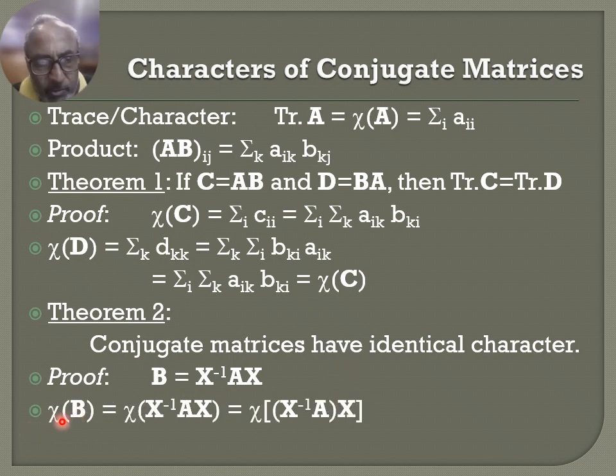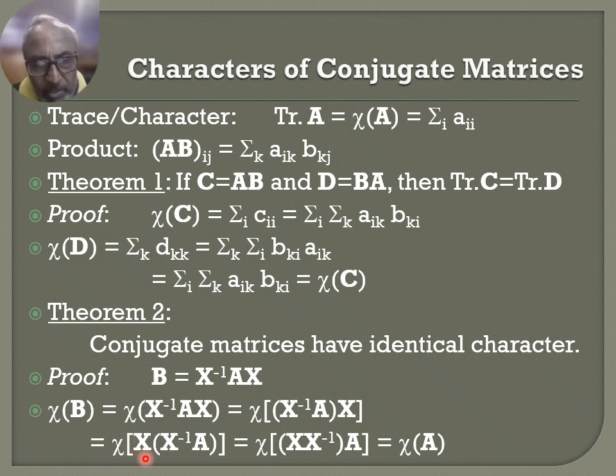Thus, the trace of B is the trace of X inverse A X, which is the trace of X inverse A times X, which by the previous theorem is equal to the trace of X times X inverse A. But X times X inverse is just the identity, and so this is just the trace of A. Thus, the trace of B is equal to the trace of A, or conjugate matrices have identical character. We shall use this in future to group different symmetry operations into classes and arrange them into a character table.